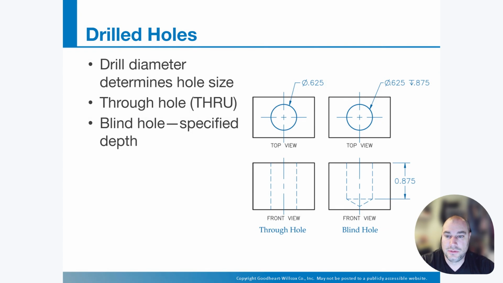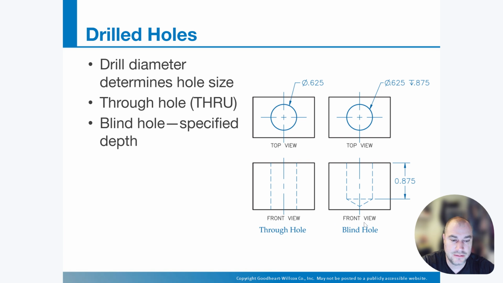All right, drilled holes. Drill diameter determines hole size. Obviously, through hole. Okay, blind hole, specified depth. So your top view is going to be the same, but your front view is going to be different, right? You got your front view of a through hole.